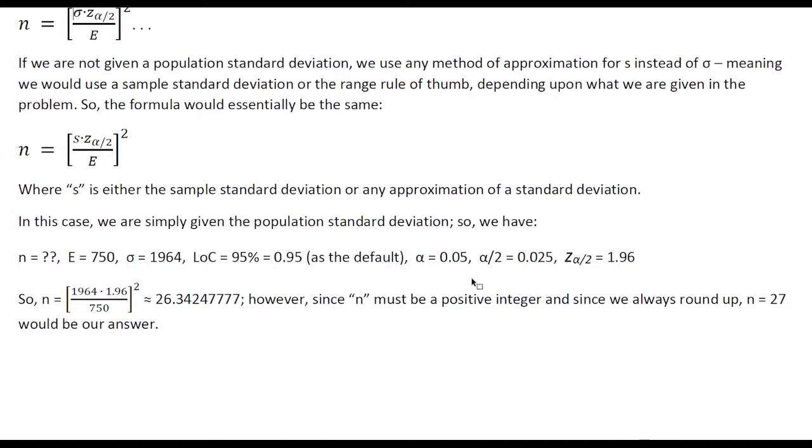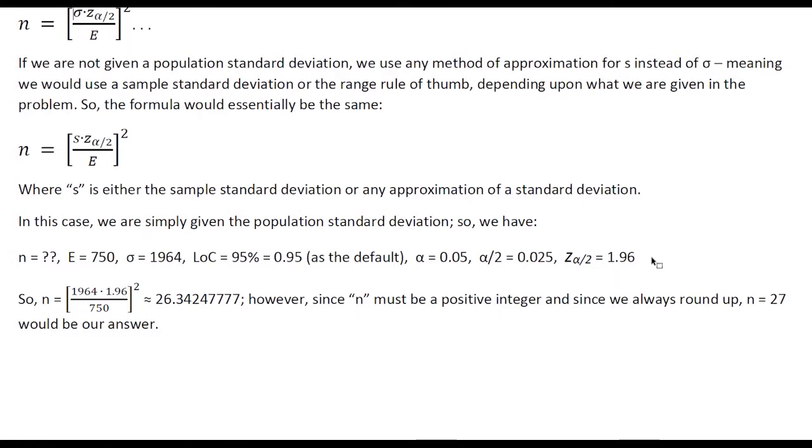Which means my alpha is 0.05, alpha over 2 is 0.025, which we will need for this problem because we're not using the t-distribution for this one. We're using the standard normal or z distribution. And I can tell you that z sub alpha over 2 will be equal to 1.96.